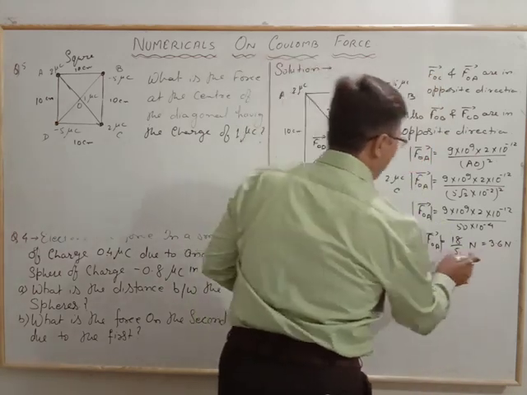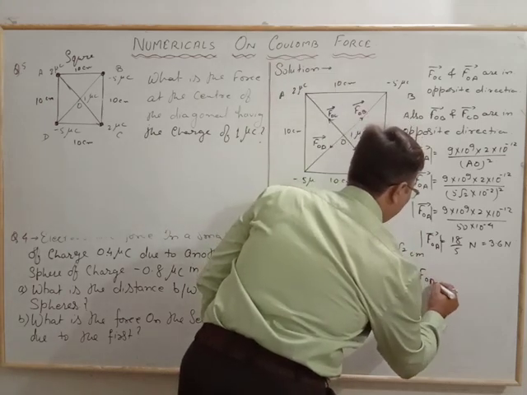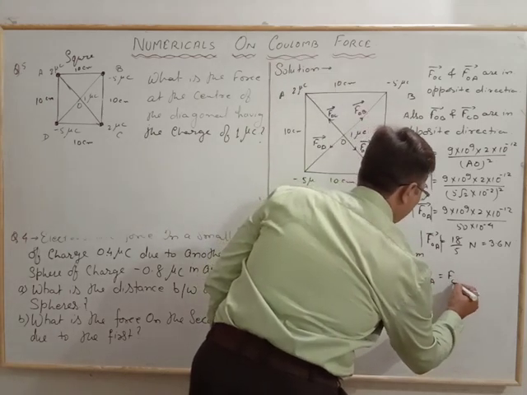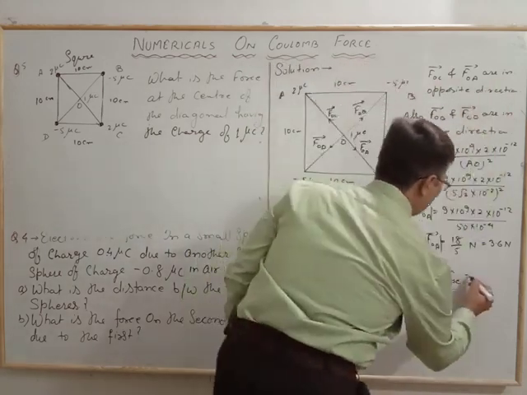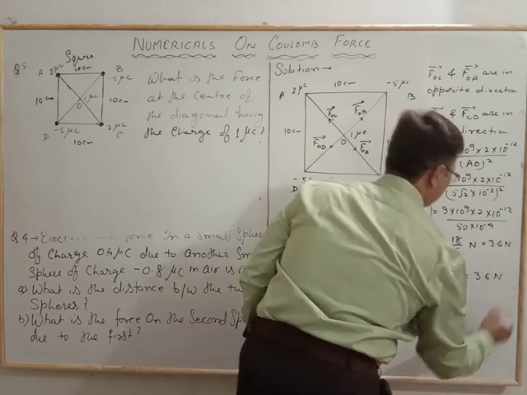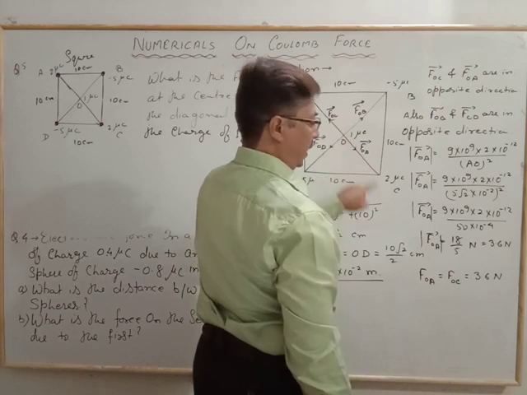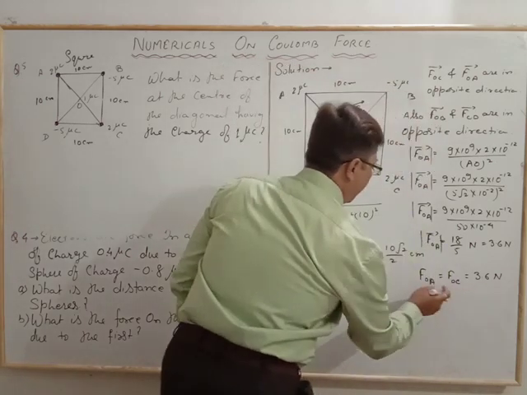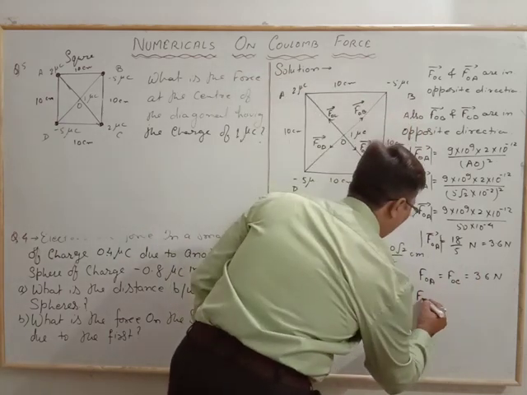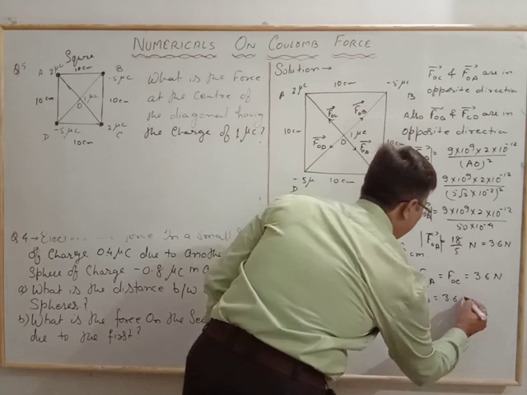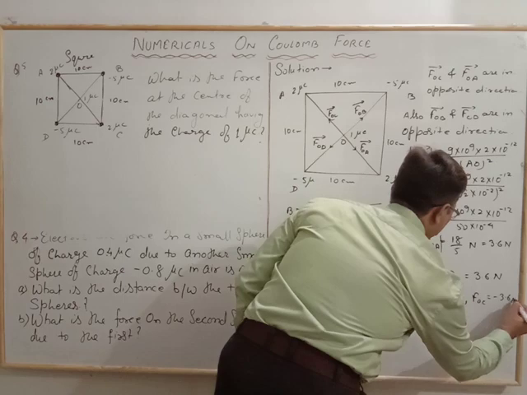Now the same value we will find for FOC. FOA is equal to FOC in magnitude, but in the opposite direction. So by magnitude it is 3.6 Newton, and the direction is opposite for FOC and FOA. So one has 3.6, another has minus 3.6. So FOA is equal to 3.6 Newton and FOC is equal to minus 3.6 Newton.